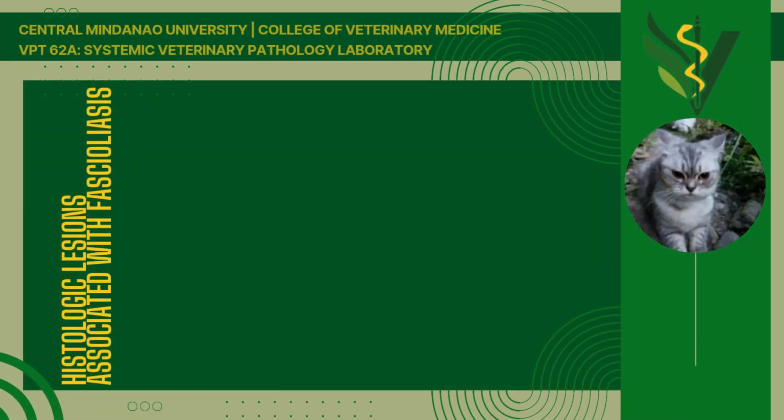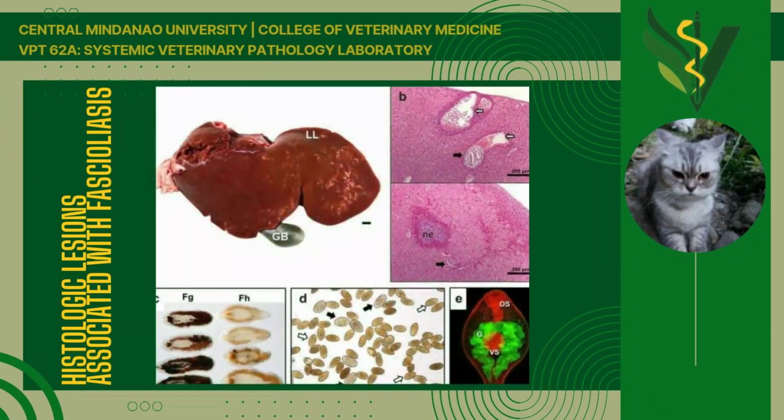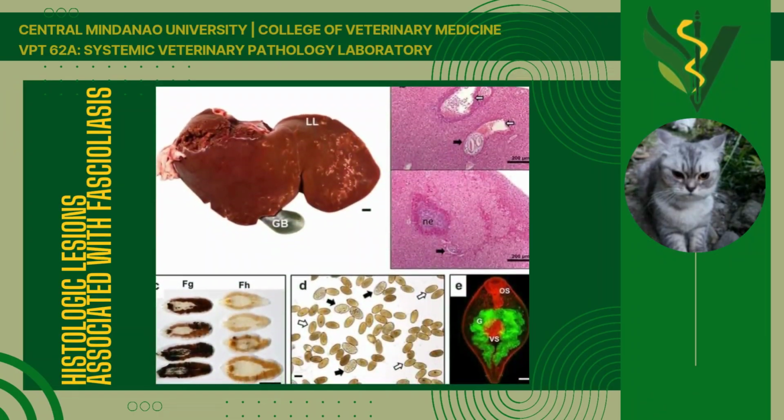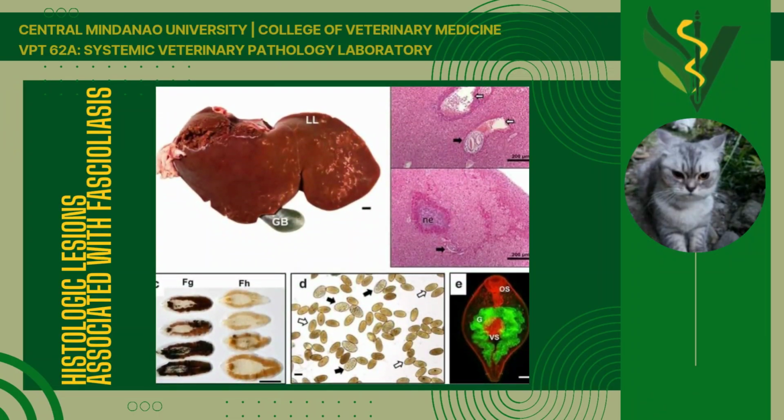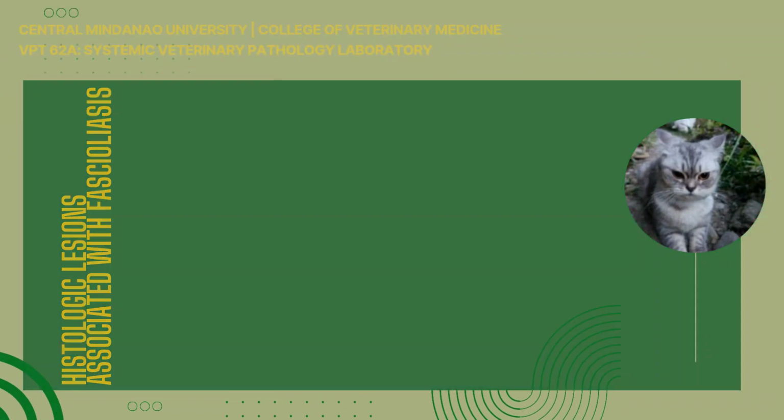So here is another picture wherein flukes are very visible. These are examples of the flukes in their different maturity stages, and the holes or perforations that are induced are shown here.